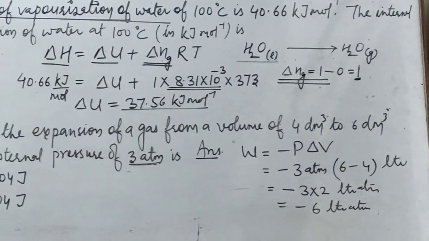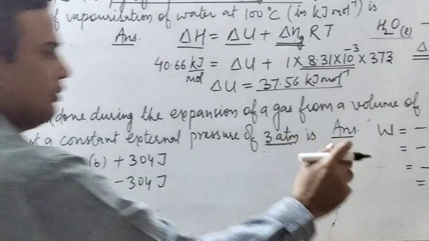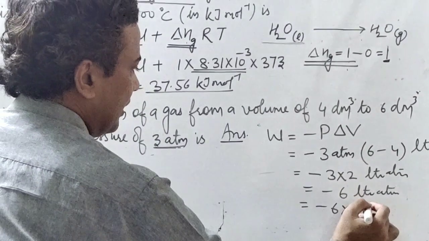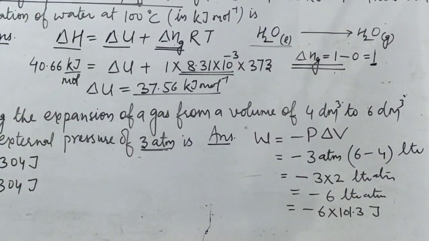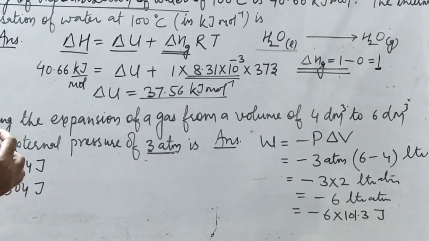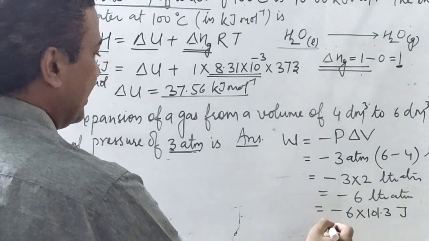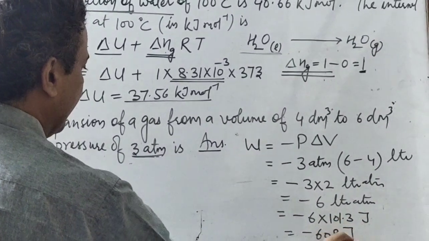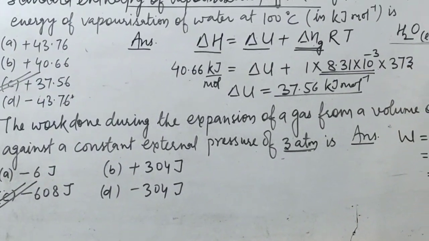But be very careful, your options are given in joule. So you have to convert liter atmosphere into joule by multiplying with 101.3. 1 liter atmosphere is 101.3 joule. So multiplying it, you get the answer minus 608 joule. This is your correct answer.